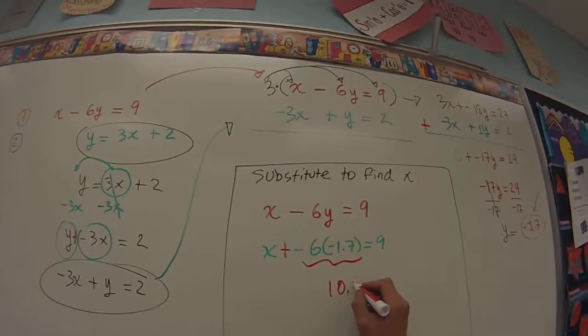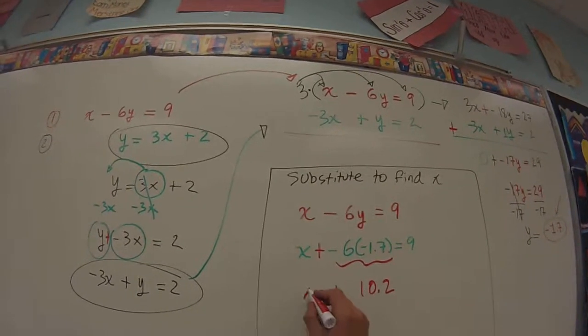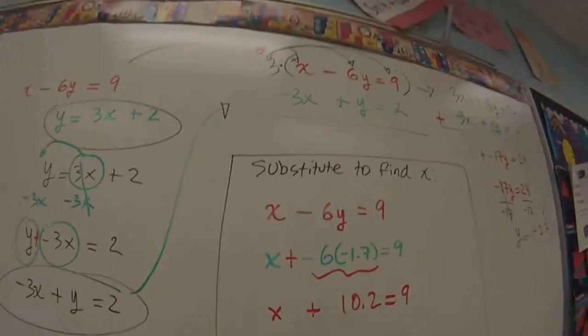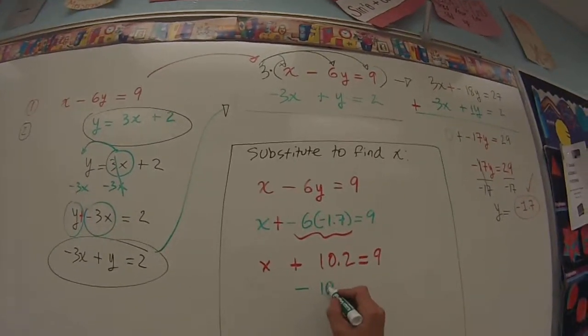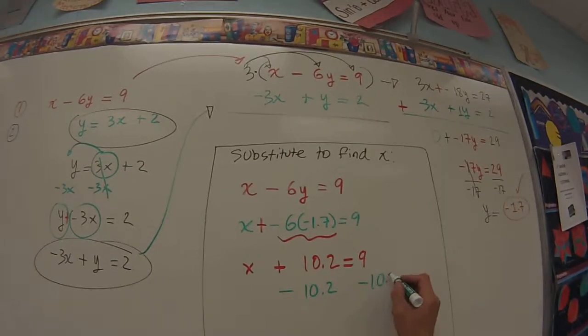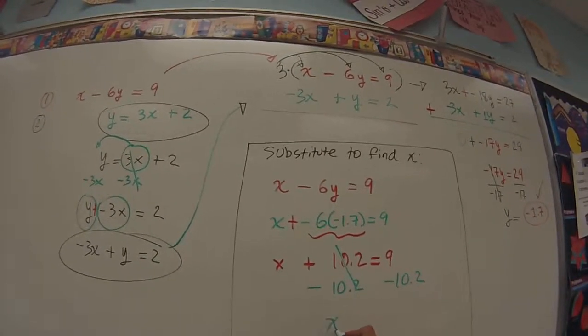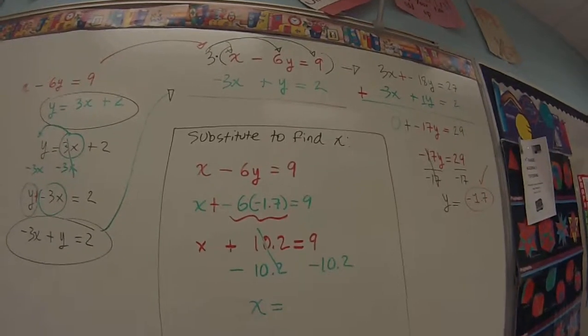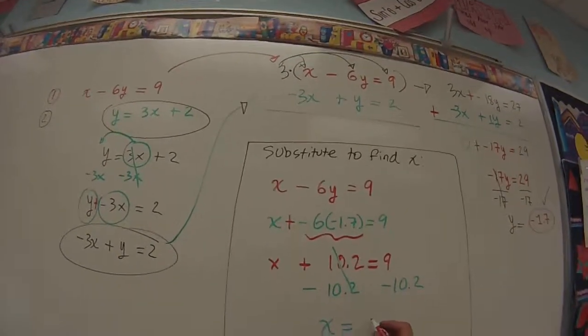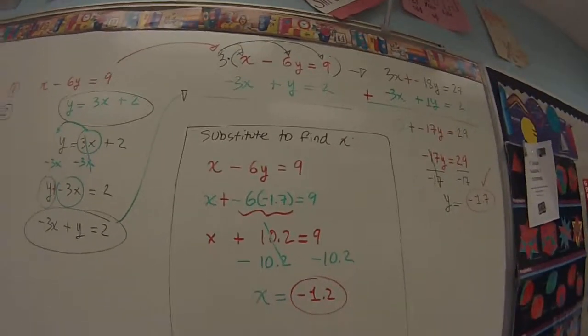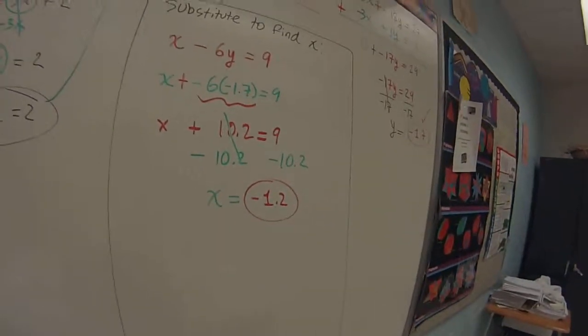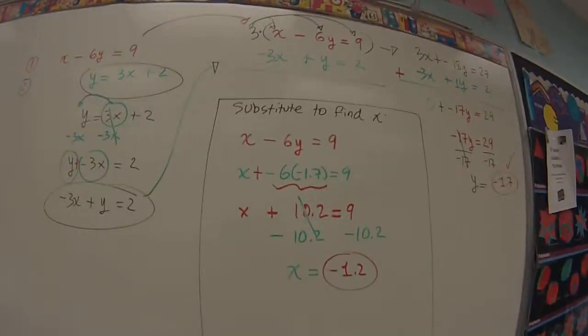This becomes positive 10.2. Then we subtract 10.2 from both sides. This cancels out, so x is equal to 9 minus 10.2. That would be negative 1.2. So that's the answer for x.